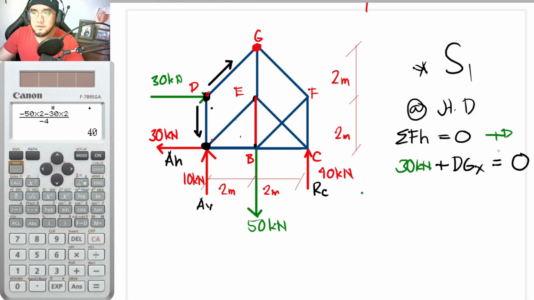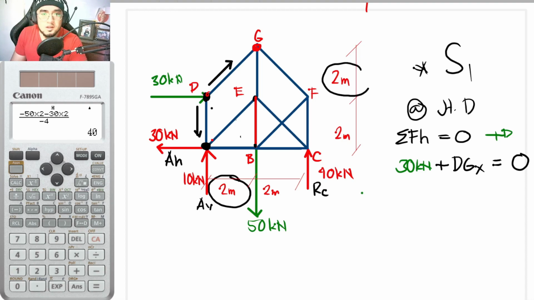Solving for DGX, DGX is basically the X component of this bar force DG right here. In order for us to get the X component, we must have, of course, the slope. Since this is 2 meters and this is also 2 meters, then the slope there is 1:1. Or maybe you can also refer to it as 2:2. Same thing, 1:1 is also equal to 2:2, is also equal to 3:3, 4:4, and so on.